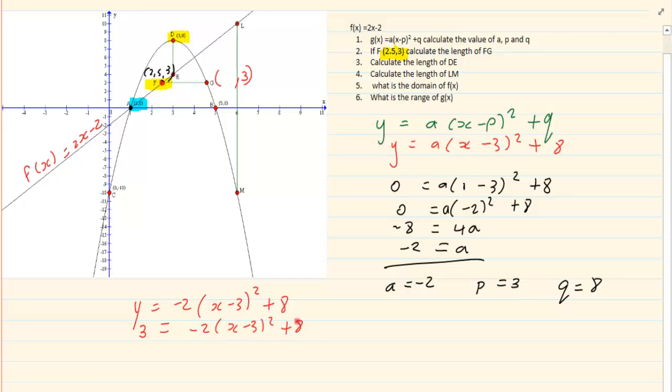So what we're doing is we're trying to solve for x. We're going to take the 8 over. So I got 3 minus 8 is equal to minus 2 into x minus 3 all squared. You must know how to solve for x. If you are not familiar with this, go over your algebraic expressions and learn your solve for x before continuing.